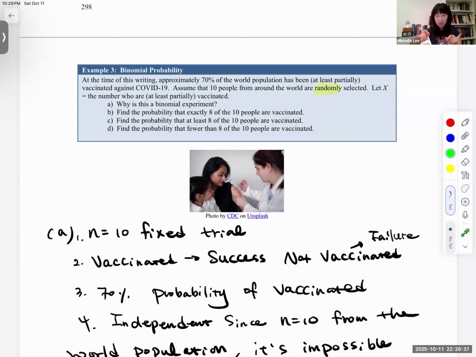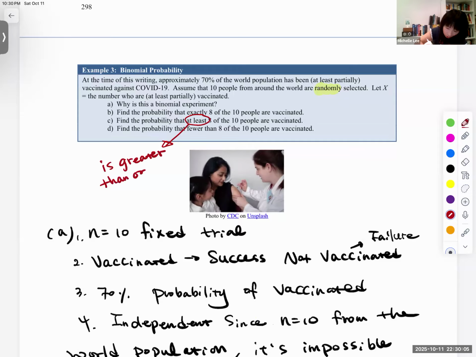I told you to take a picture so you can use it during the homework and others. So at least means greater than or equal to.